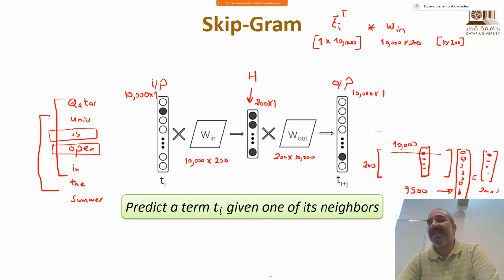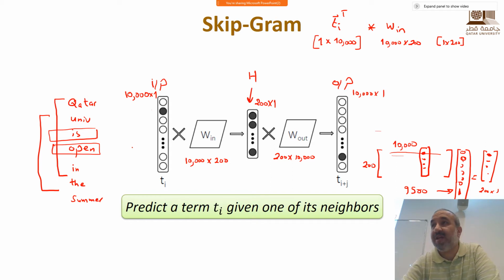This is the output, the out embedding of term Tij. So that means that the embeddings are actually the columns of the weight matrix. Similarly, it's very similar to Wn, but here it will be a row, actually, not a column.